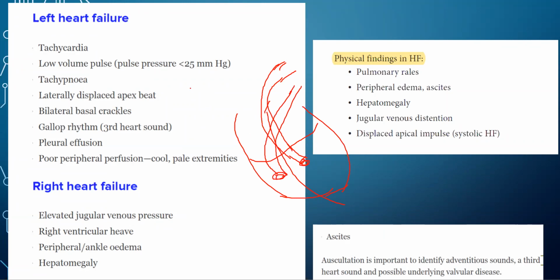Right? And then say that this is superior vena cava, this is inferior vena cava. So what happened is that blood from superior vena cava and inferior vena cava comes from your whole body, and then it goes to the right atrium, then to the right ventricle.